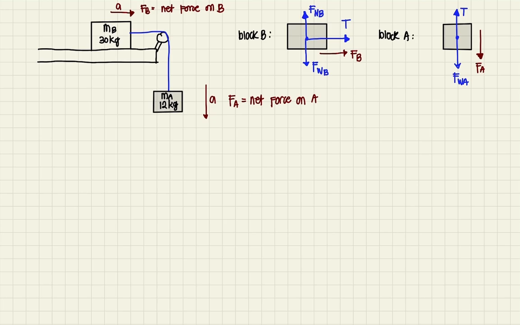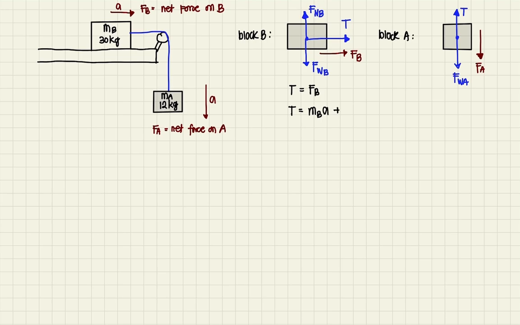Let me just rewrite this FA here, the net force on A. So drawing an equation here, the tension on block B, tension is equal to F of B. But the net force on B is simply equal to the mass of B times its acceleration, a.